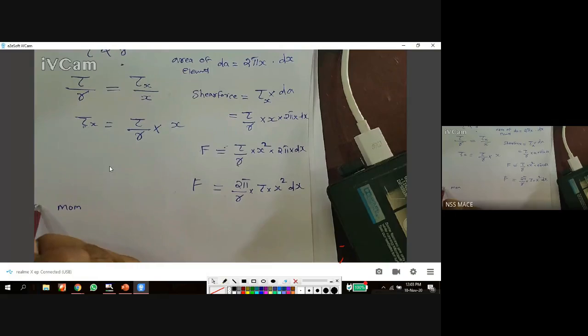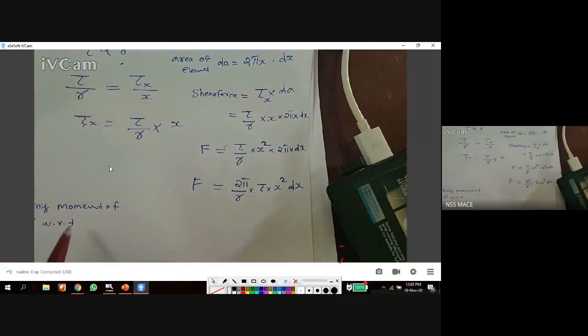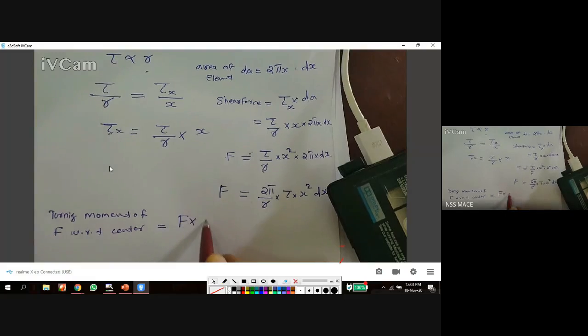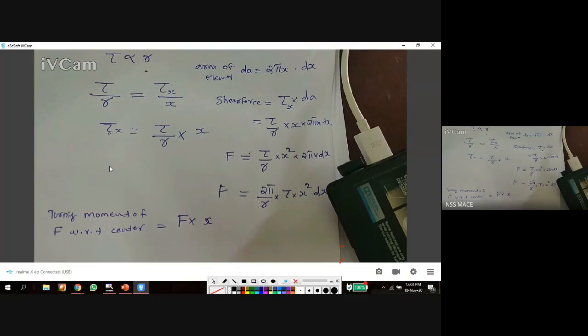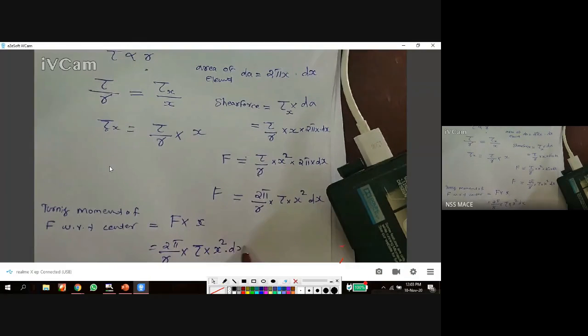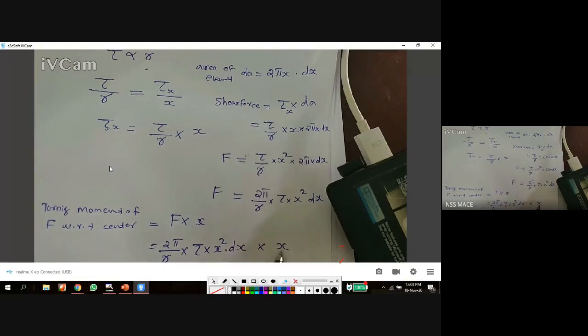So I am writing the turning moment of F with respect to center is equal to F into x. We already calculated the value of F. Here F is equal to 2 pi by R into tau into x square into dx. Into x on it.